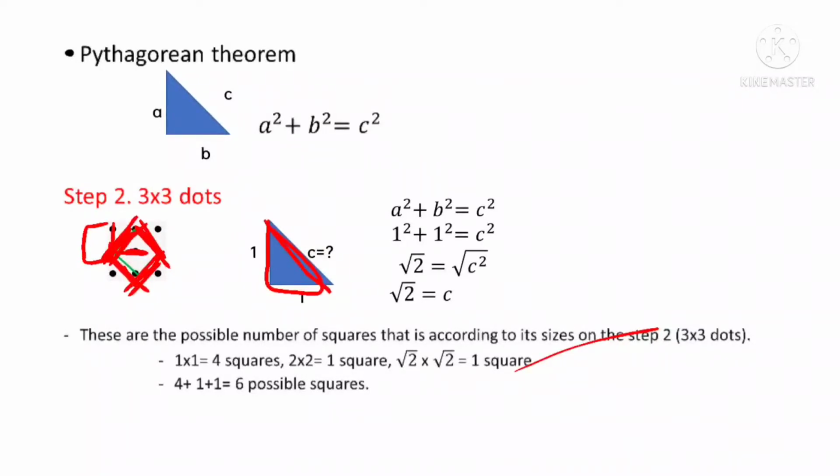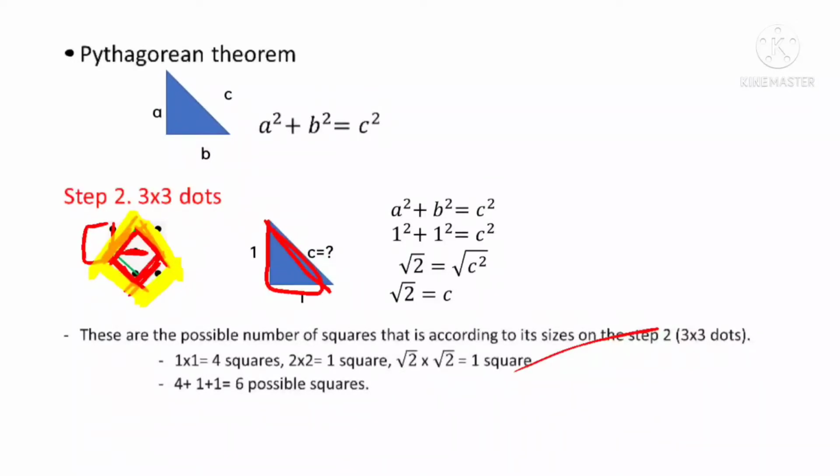So, alam na natin na yung size ng square na to is square root of 2. Each side ng ito is square root of 2. So, napatunayan natin na ito ay isang square kasi pare-pareha sila na size ng side.